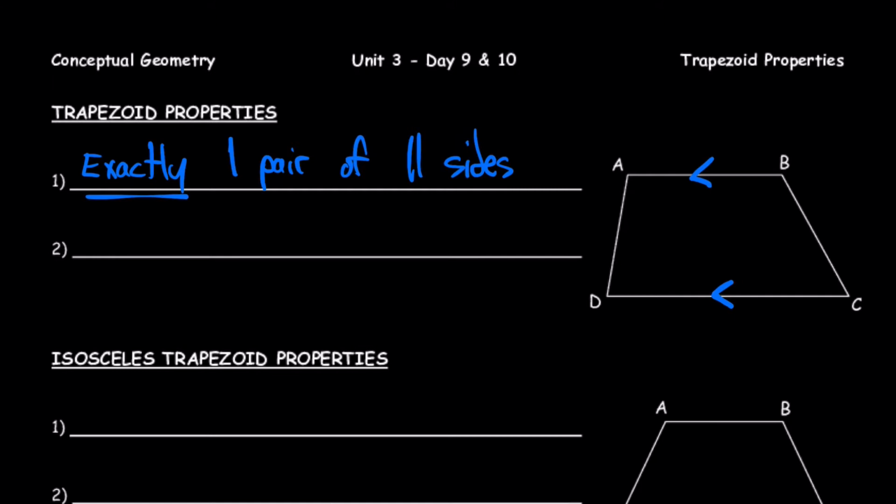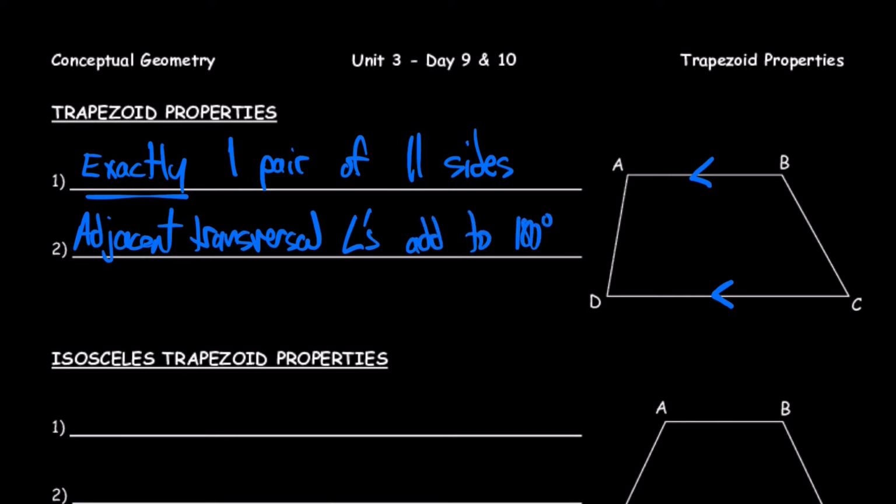And then the other property we just discussed is that the adjacent, I'm going to call them transversal angles, add to 180 degrees.